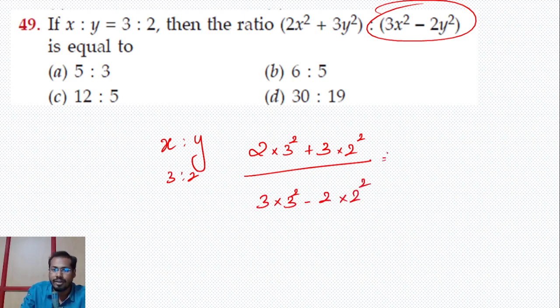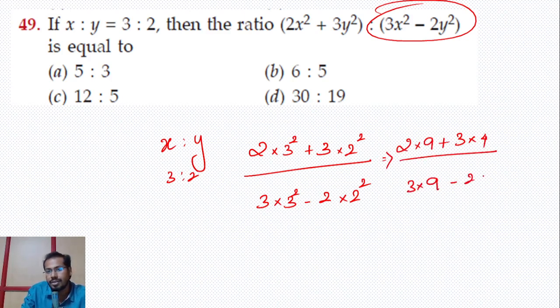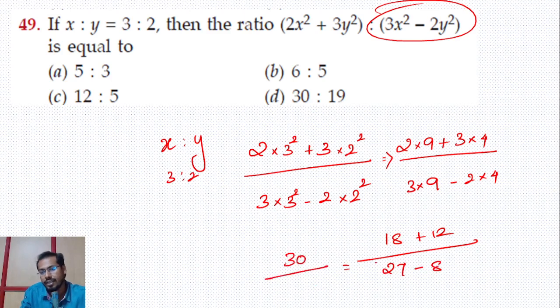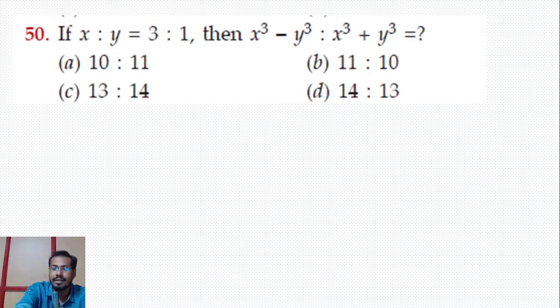So if I solve this, 2 times 9 plus 3 times 4 over 3 times 9 minus 2 times 4. 9 2s are 18 plus 12 over 9 3s are 27 minus 8. So 18 plus 12 is 30. Here 27 minus 8 is 19. 30 is to 19 is the right answer. Next question.